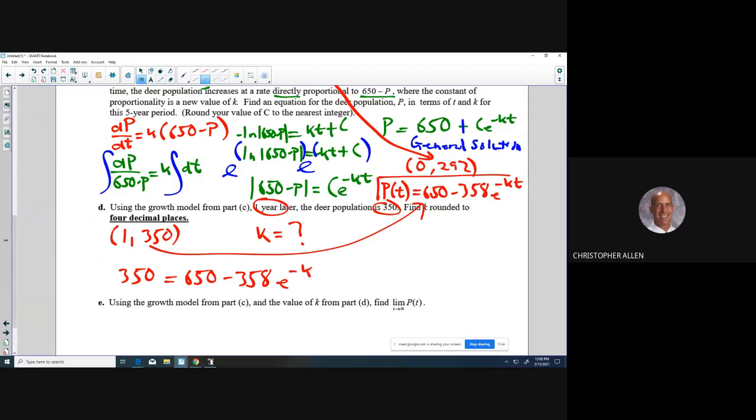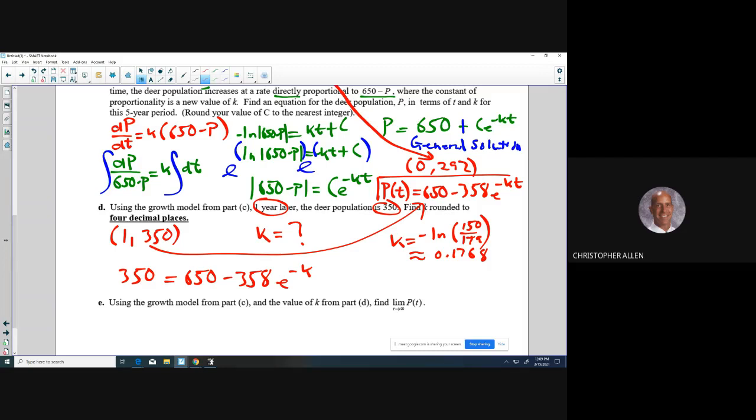You solve that for k. k turns out to be negative natural log of 150 over 179, or 0.1768 approximately.